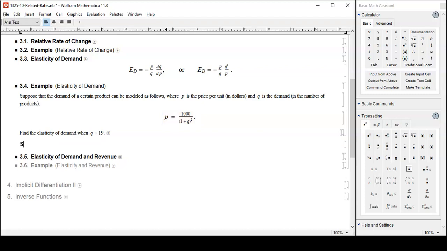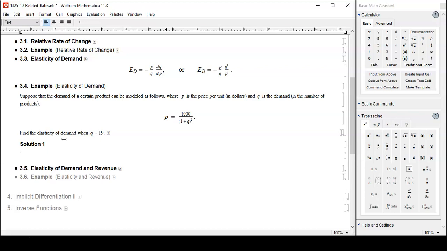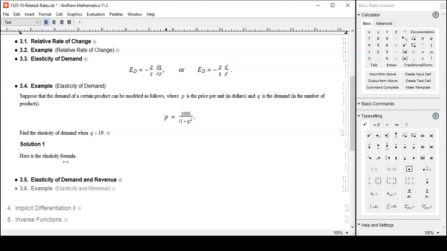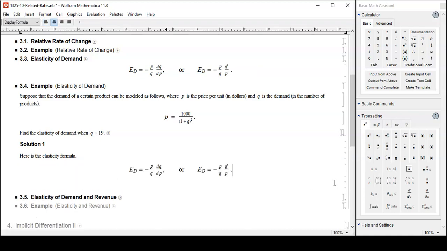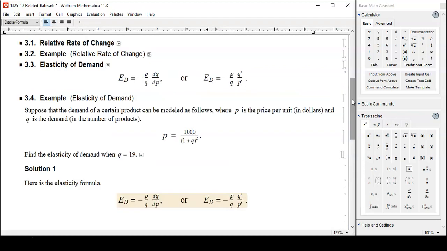So here's the elasticity formula, and we're going to use the first formula. Too many fractions, so let me expand the font.